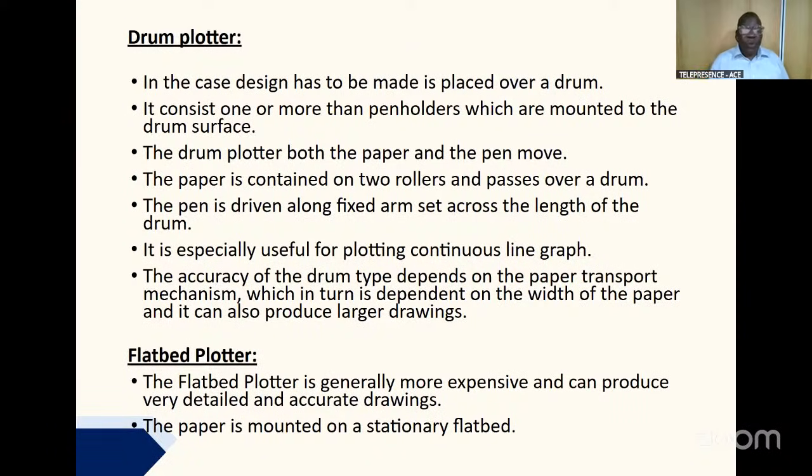It consists of one or more pen holders which are mounted to the drum space. The drum plotter holds both the paper and the pen move. The paper is contained on two rollers and passes over the drum. The pen is driven along a fixed arm set across the length of the drum.